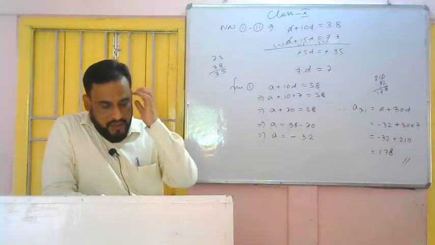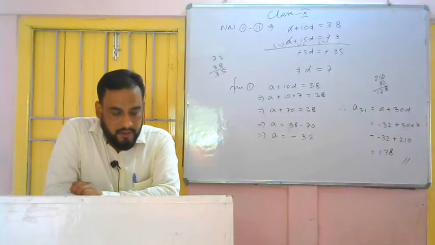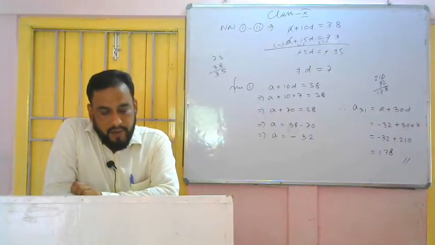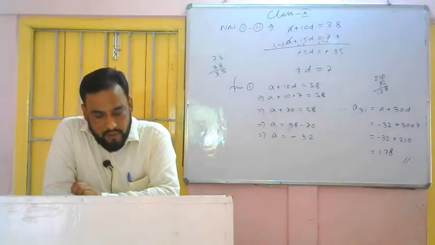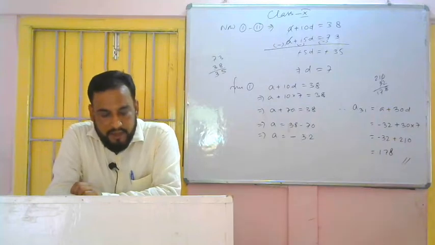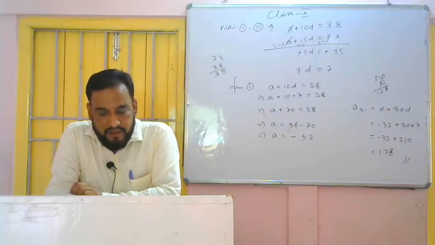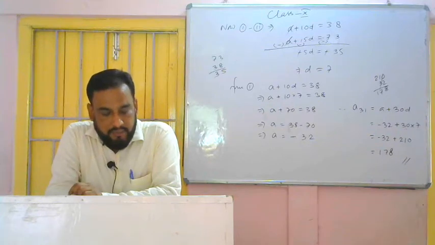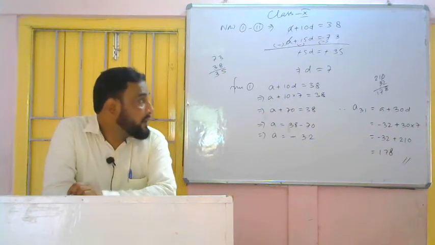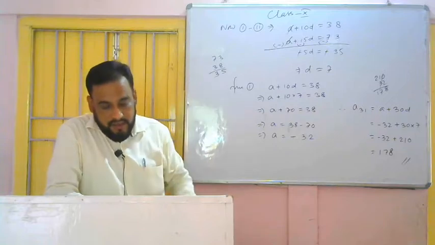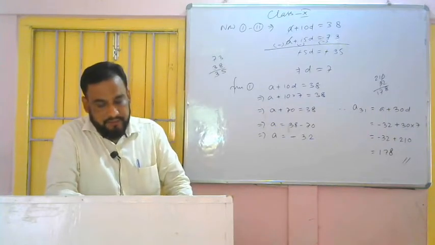Your next question is, an AP consists of 50 terms, of which third term is 12 and the last term is 106. Find 29th term. So like this question number 7, you will do it.